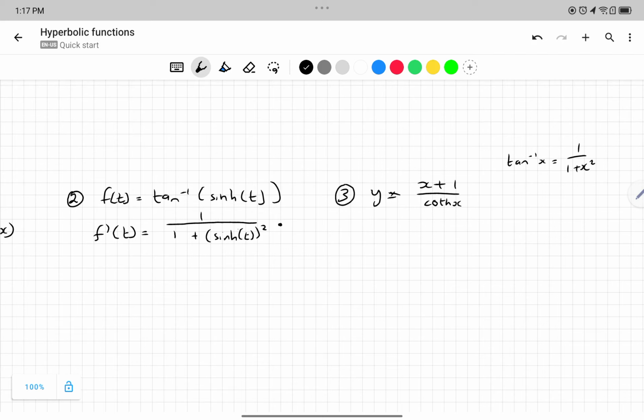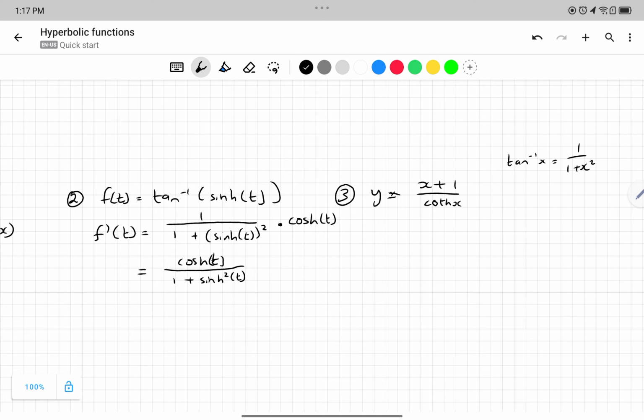So what we have here is we need to derive hyperbolic sine t, which is hyperbolic cosine t, right? So we will have hyperbolic cosine of t over 1 plus hyperbolic sine squared of t.